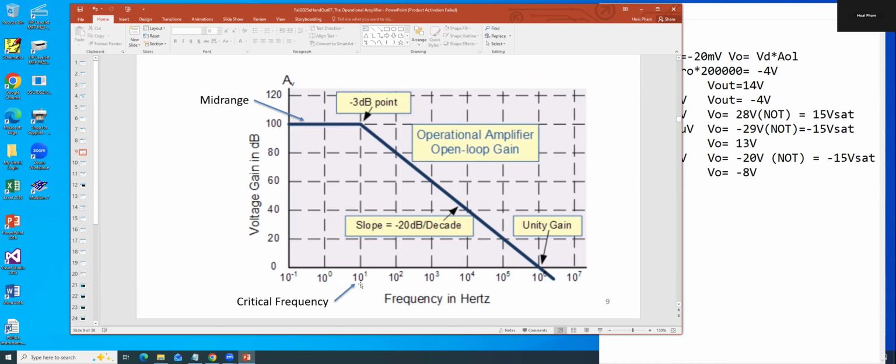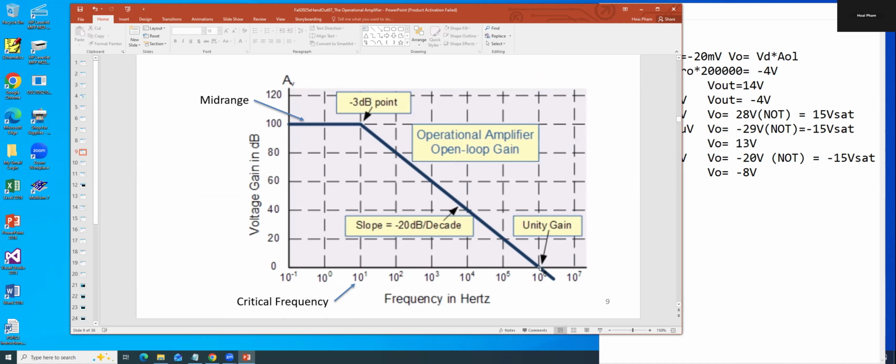And when you go into the 3 dB point, what does that mean? At the frequency equal 10 power 1, meaning 10 hertz, they start going down. That means the gain keeps going down, to this 10 power of 6.